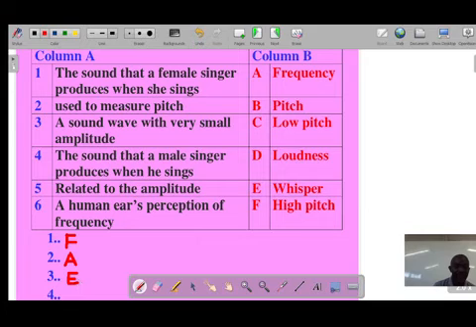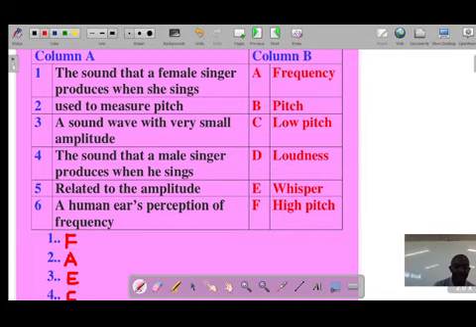Number 4 says the sound that a male singer produces when he sings. A male singer produces a low pitch, that is C. And then number 5, related to the amplitude.